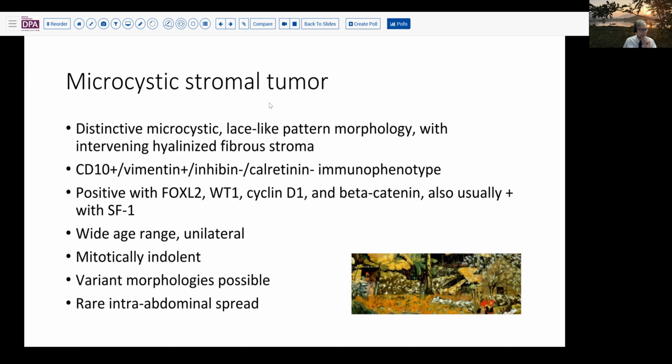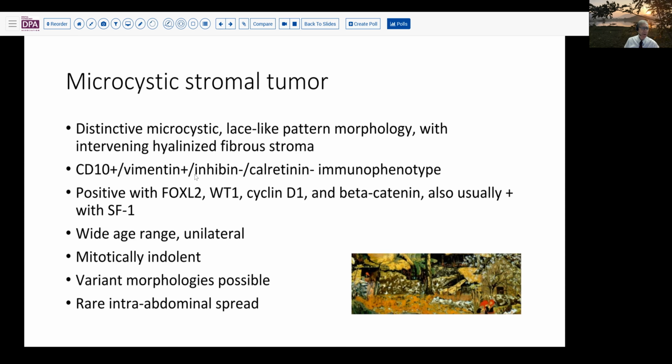This is a tumor that has been described as having a somewhat lace-like pattern and really quite distinctive, this microcystic pattern with intervening fibrous stromal bands. These tumors are usually CD10 and vimentin positive, as well as inhibin and calretinin negative, as we've indicated. But the truly helpful things here are the FOXL2, WT1, cyclin D1, and beta-catenin.